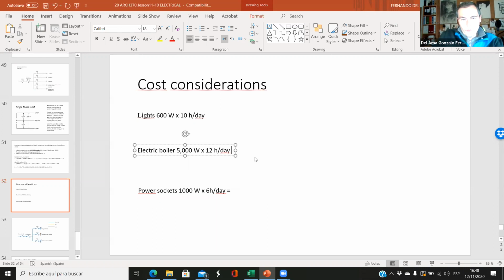Okay, so now we are turning power into energy. So that would be 6,000 watts per day. That would be 5,000 times 12, 60,000.